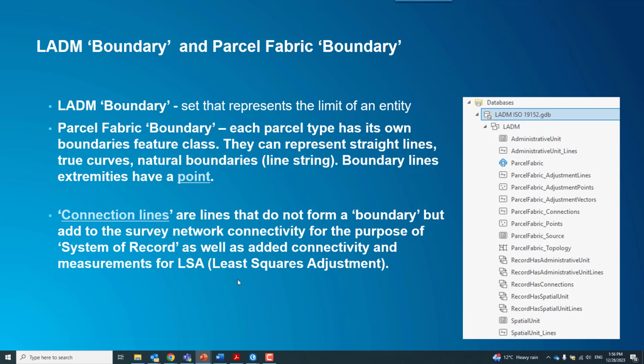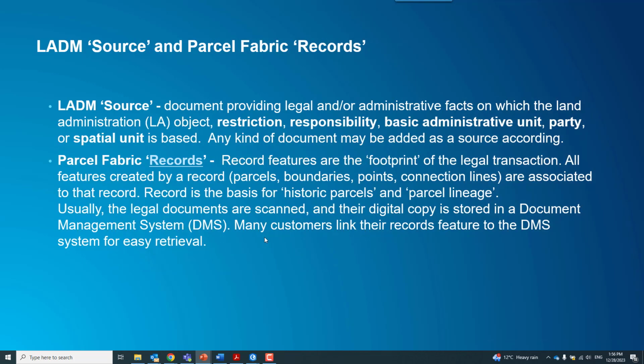The way it's called in LADM, it's a spatial source. We call it the record, the legal document from which it came. Usually the record references the legal document. It could be one or many documents that are part of the spatial source, including electronic documents, for example, the survey information.